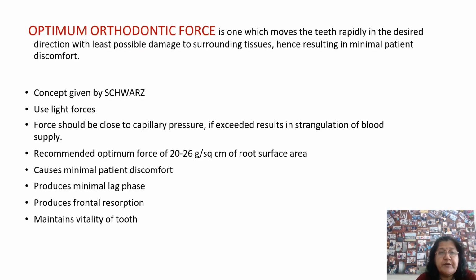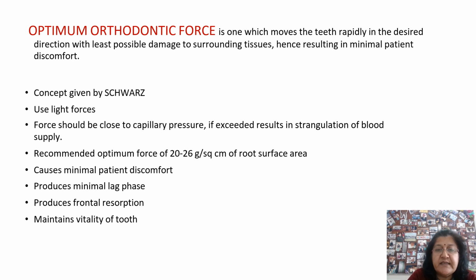Now, coming to optimum orthodontic force, that is, what is the ideal force which should be applied to the teeth. It is one which moves the teeth rapidly in the desired direction with least possible damage to surrounding tissues, hence resulting in minimal patient discomfort. This concept was given by Schwartz, who said you should use light forces and the force should be close to the capillary pressure, that is, the pressure within the capillaries of the tooth.